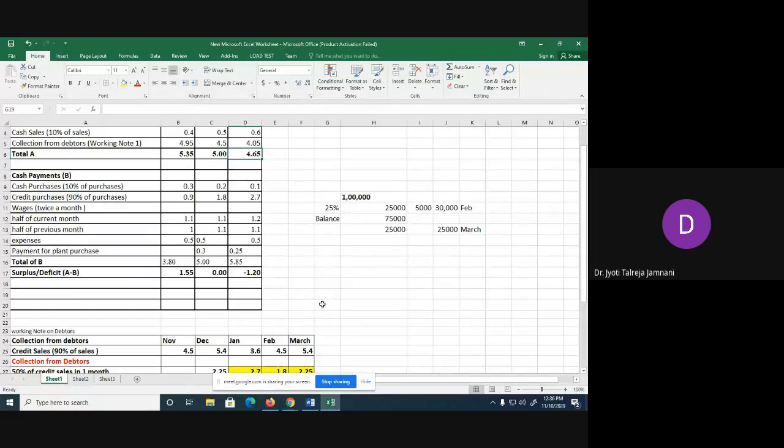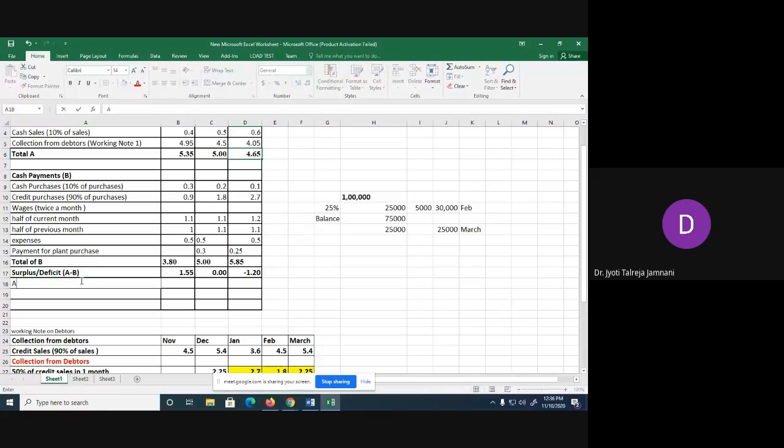So if you observe, for January we have a surplus of 1.55 lakhs, which is 1,55,000. For February we don't have a surplus or deficit. Your receipts and payments are same, 5 lakh minus 5 lakh, which is 0. And for March we have a deficit because we have collected only 4.65 lakh and we have to pay 5.85 lakh. So we have a deficit of 1,20,000, that is 1.20 lakhs.